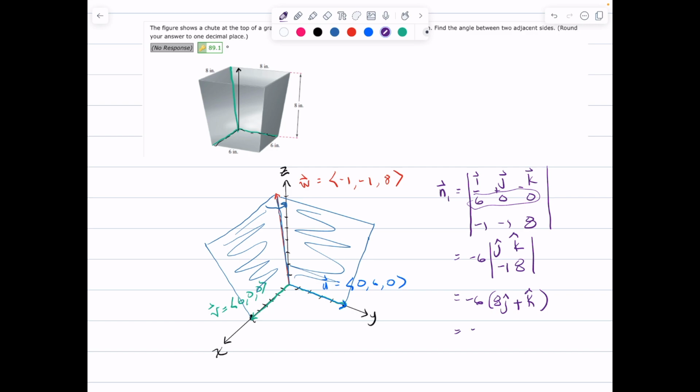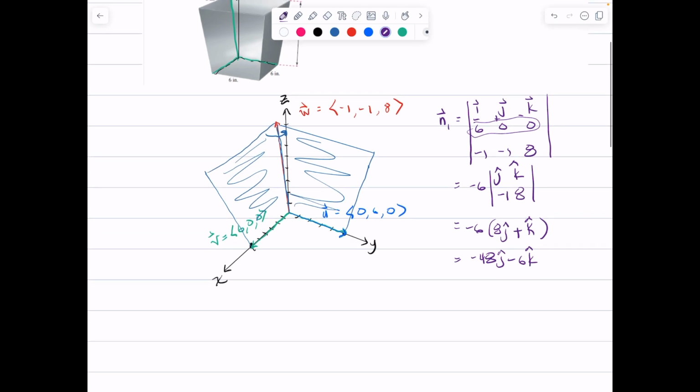If we multiply, that will be -48j minus 6k. So that basically gives us this plane right here.